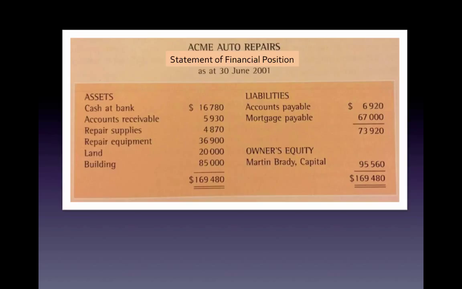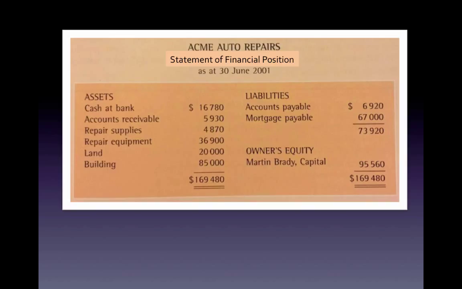This is an example of the statement of financial position of a business called Acme Auto Repairs. The statement of financial position is always reported as at a particular date. It's like a snapshot. You take a camera and you take a picture as at a particular date. And what do you see? Well, on the left-hand side, you see all the resources that are available to Acme Auto Repairs. These are cash, accounts receivable, which are claims on cash.